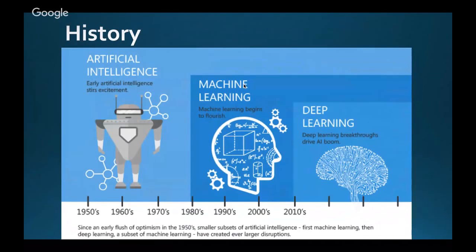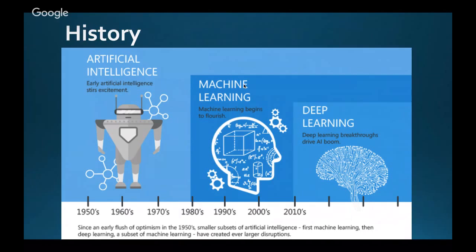Let's talk about a little bit of history. So artificial intelligence actually came into picture in the early 50s and 60s. The early artificial intelligence stirs excitement. It was mostly about enabling machines to do things on their own and programming machines, which later on increased into something like robotics.